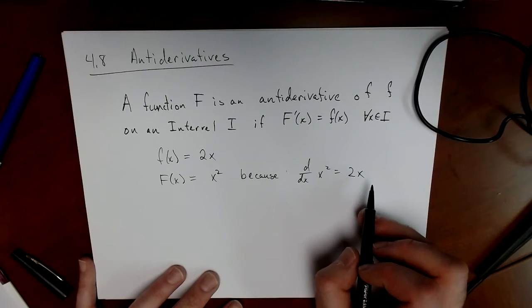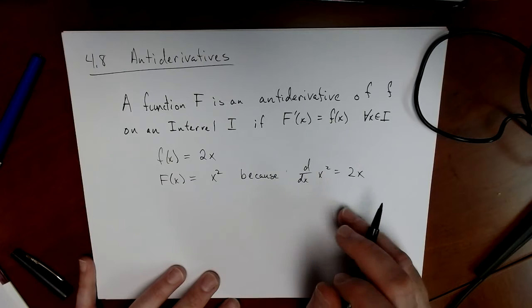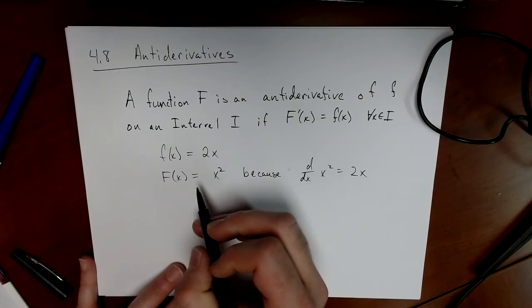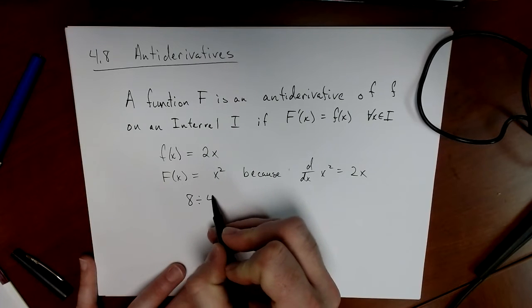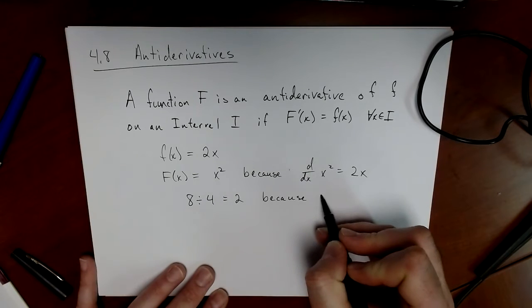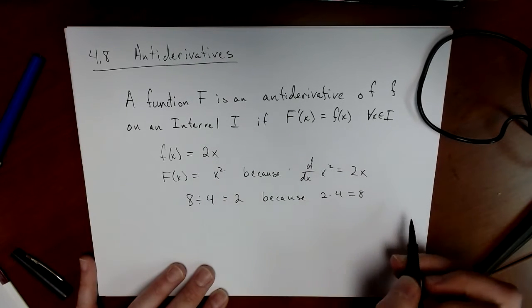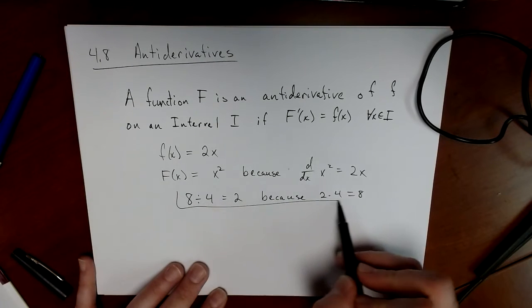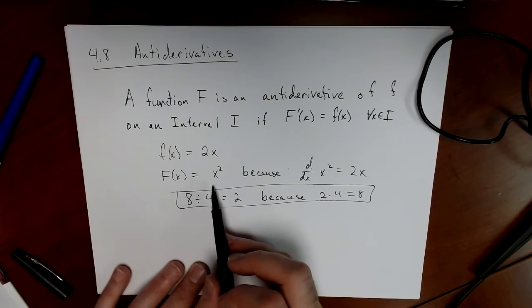So this is kind of old school. Like if you think back to second or third grade when you were first learning about division, we would tell you that 8 divided by 4 equals 2 because 2 times 4 equals 8. So this is an inverse process of taking a derivative, and it's a pretty straightforward one as it goes.